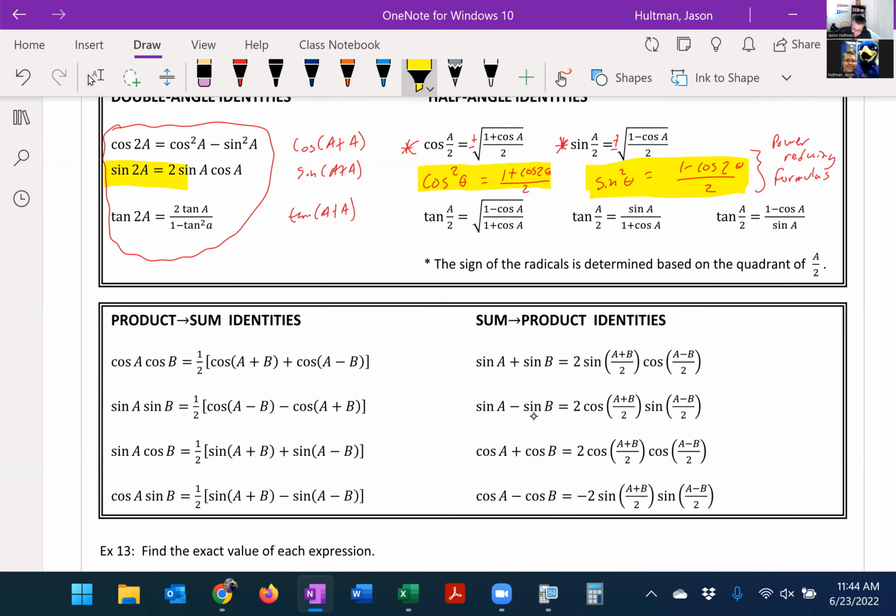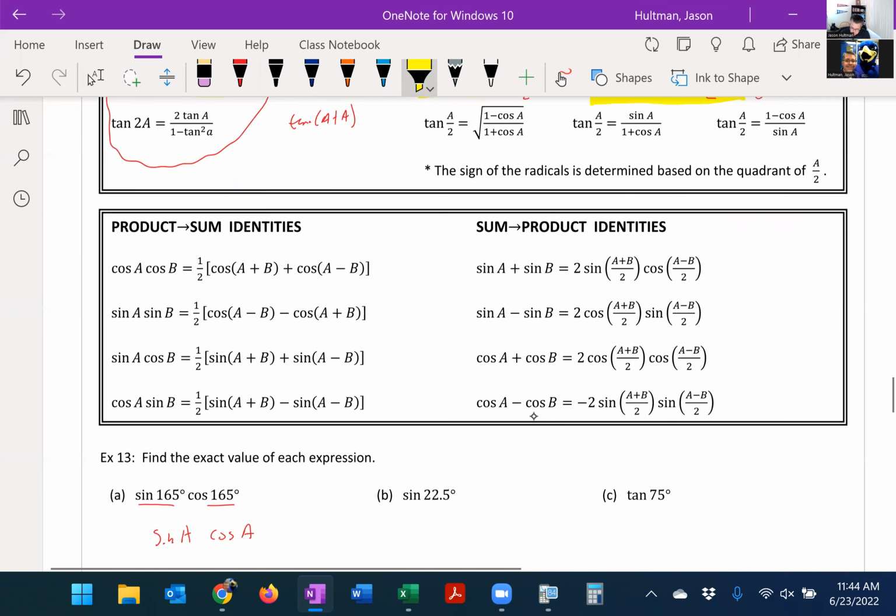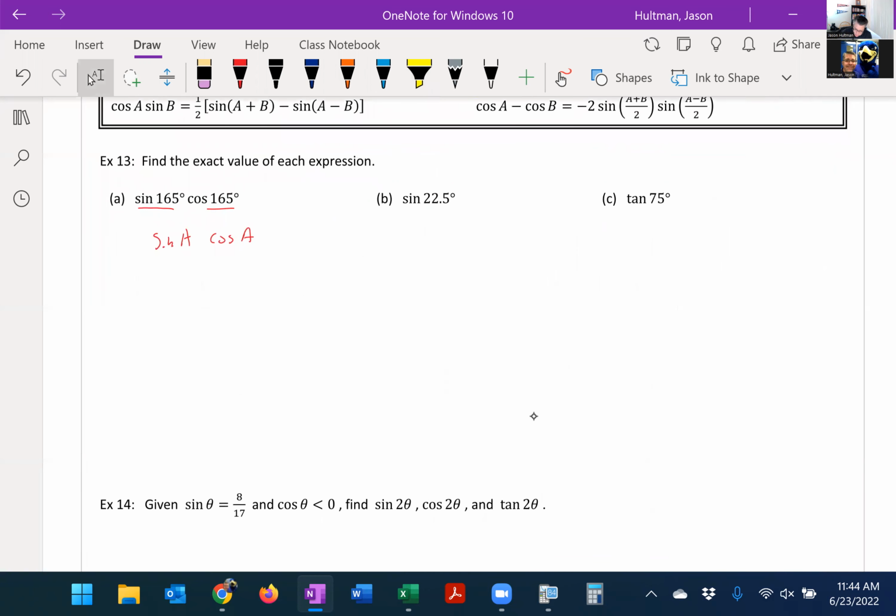It's sine 2A is equal to 2 times sine A cosine A. If I were to divide by 2 here, I would get 1/2 sine 2A is equal to sine A cosine A.